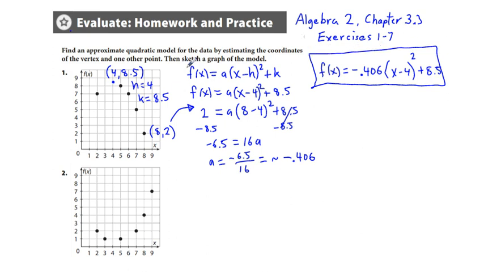And it says, then sketch a graph of the model. So here's the vertex, here's the other point. So we can just go in and sketch like this. You can sketch it freehand. And I'm just going to hit the points pretty much. Hit this exactly. So it'll look something like this.